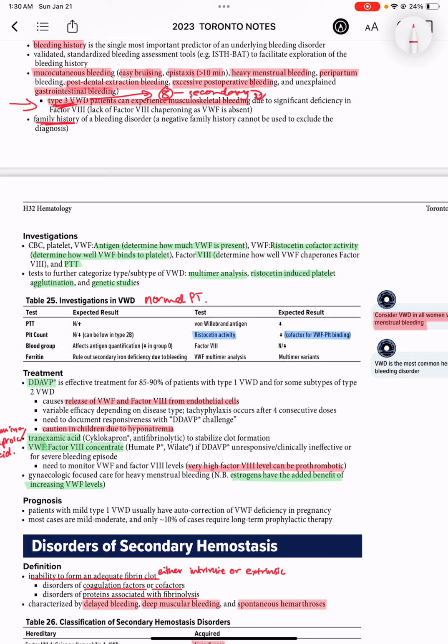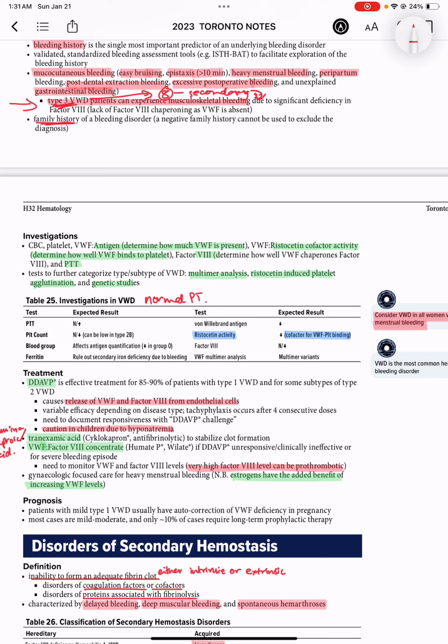So in von Willebrand disease it would be decreased because it's not binding to platelets properly. Then factor 8, we'll calculate that too. That would determine how well von Willebrand factor chaperones factor 8, and PTT also.